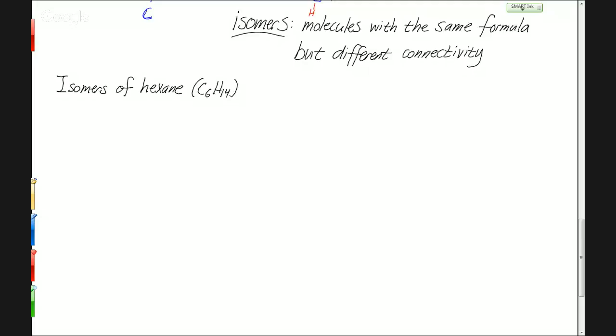So 1, 2, 3, 4, coming off of number 2, coming off of number 3. And then the other one, this one right here. So then we've got coming off of number 2, coming off of number 3. So those 3 are all the same. But good job, you found all 5 of the different isomers. So these are all 5 different ones.